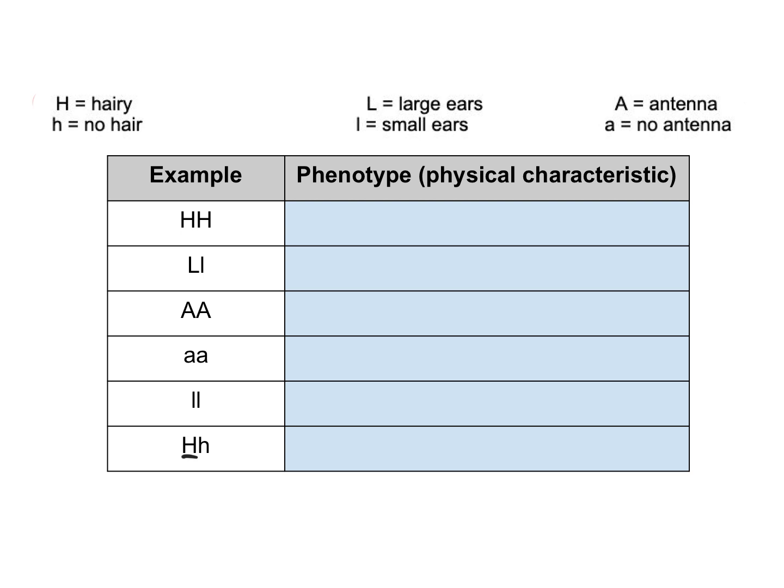All right. So what does big H look like? Well, you have at least one capital letter, so it would be hairy. Capital L, lowercase l would be large ears. Big A would be antenna.